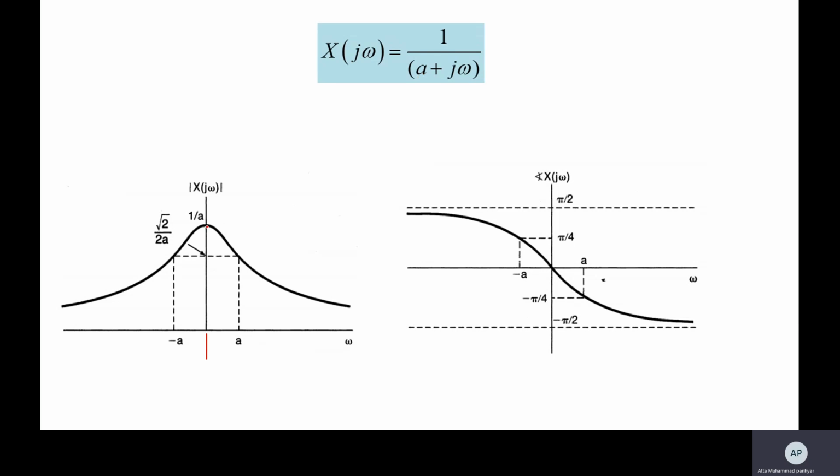So this is 1 upon a. When omega is a, this would be a square plus omega square, which is 2a square. If we compute its square root, it would be 1 upon root 2 a, and if we multiply and divide by root 2 with the resultant output, we get root 2 upon 2a.